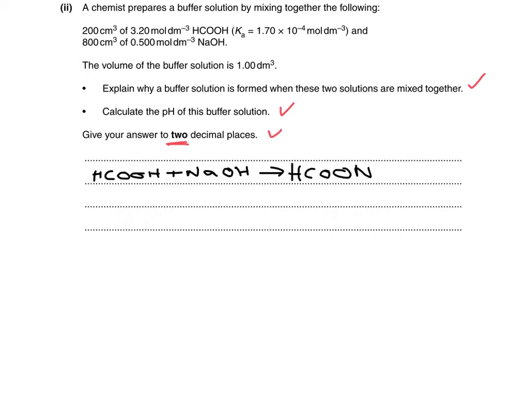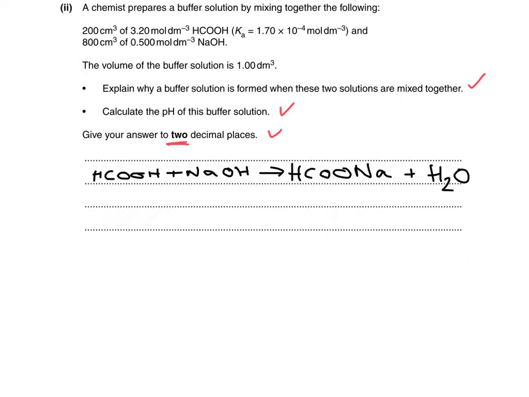Salt, here we go. And water. Okay, there's 1 mark for doing this equation. You can also write that in words, but you should be using the formula. It's generally easier. So that's the first part.